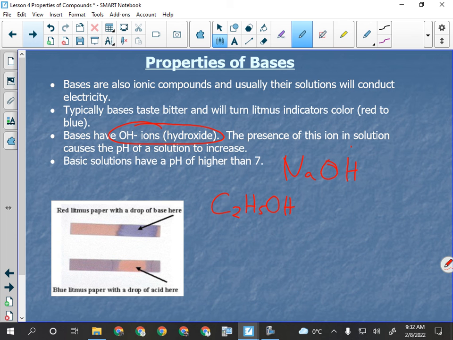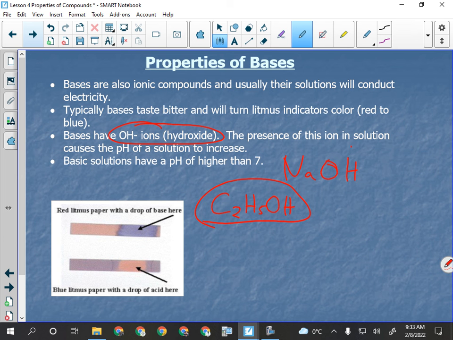In fact, this is ethyl alcohol. It's the alcohol that is in all alcoholic drinks, and hand sanitizer. But it's not a strong base because it's a molecular compound, not an ionic compound. So it's got to be an ionic compound if it's going to be a strong base.